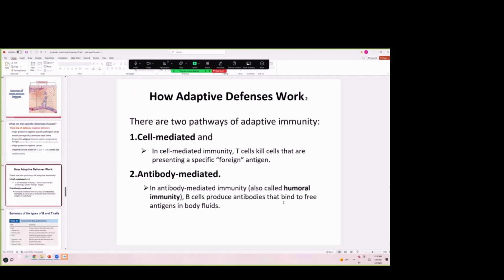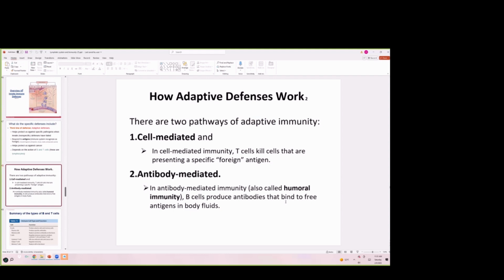Some of them deal with cells that go and target the pathogen and destroy it directly. The other one has to deal with antibodies that go and tag the pathogen for other cells to come and deal with it.